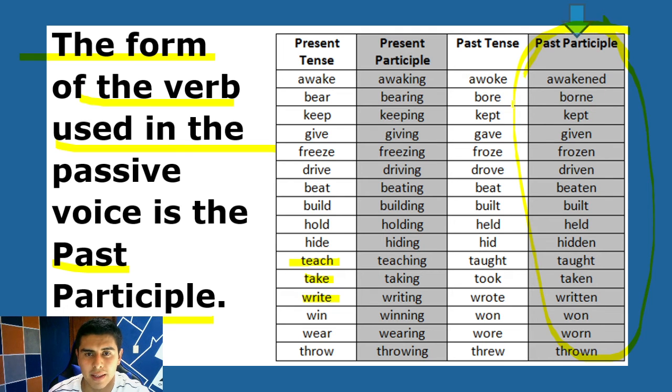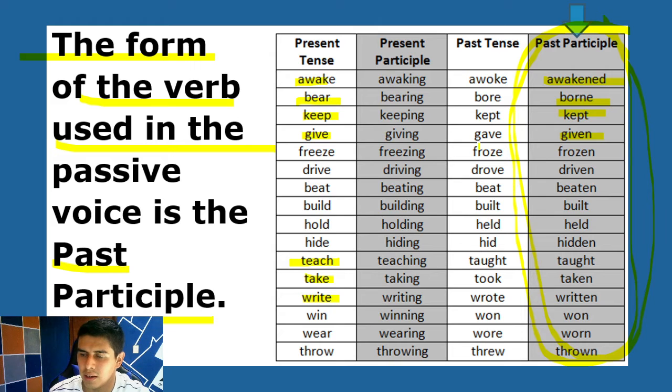Pues toda esta lista de verbos no regulares hay que aprenderlo uno por uno. Y por mencionar algunos ejemplos, awake, despertar, awakened, despertado, bear, transportar, born, transportado, keep, mantener, kept, mantenido, give, dar, given, dado. ¿Okay?